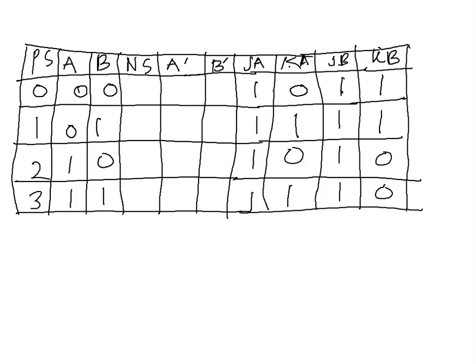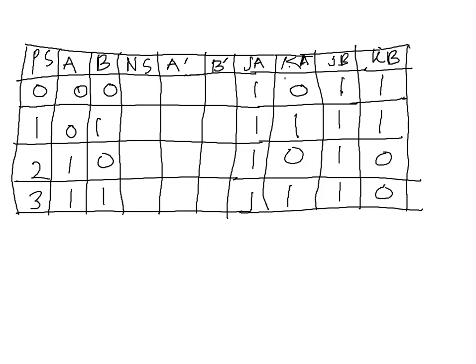Next step is to determine A prime and B prime. Let's determine the column A prime first. To determine A prime, we consider JA, KA.